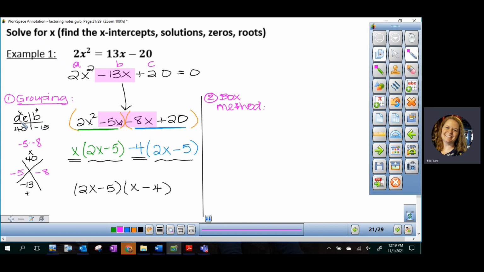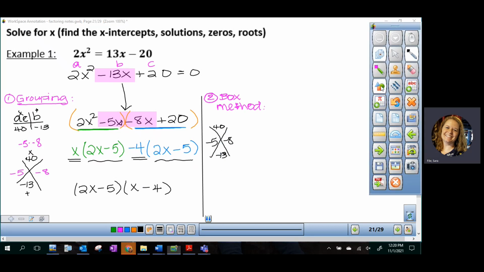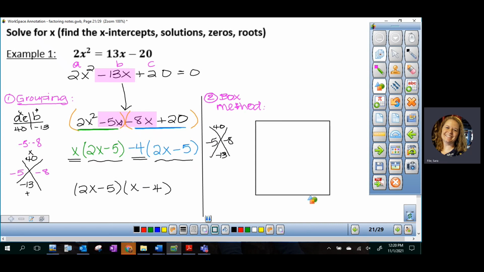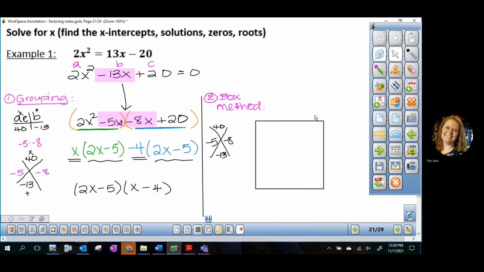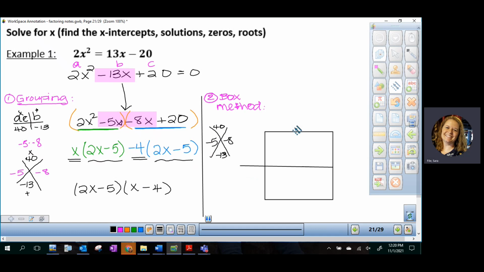You always have to start with A times C. So I do the ACB table, however you want to write that, and it comes out to negative 5 and negative 8. So now I make a box, 2 by 2.